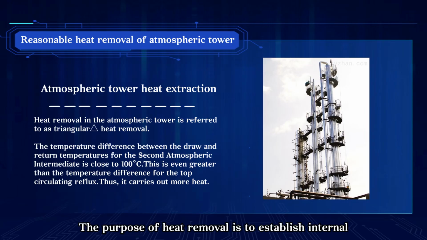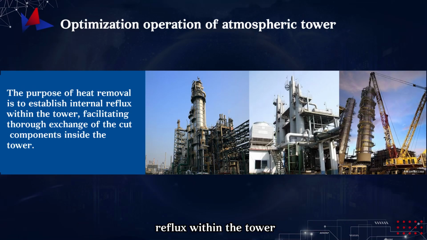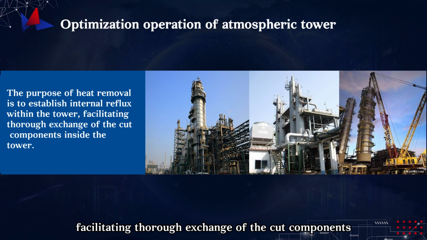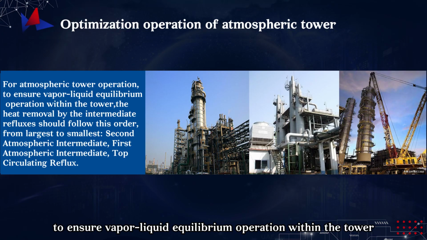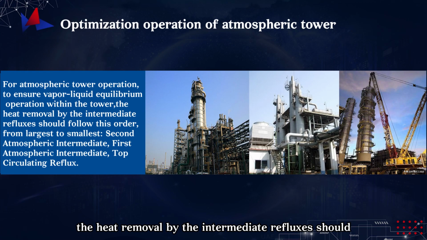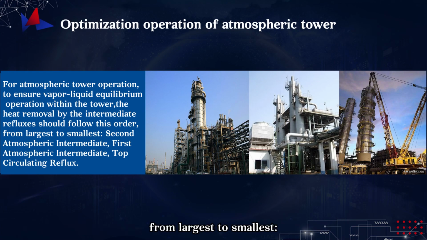The purpose of heat removal is to establish internal reflux within the tower, facilitating thorough exchange of the cut components inside the tower. For atmospheric tower operation, to ensure vapor-liquid equilibrium operation within the tower, the heat removal by the intermediate refluxes should follow this order, from largest to smallest: second atmospheric intermediate, first atmospheric intermediate, top circulating reflux.